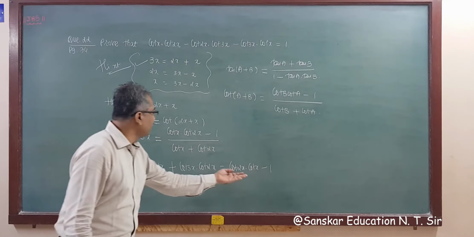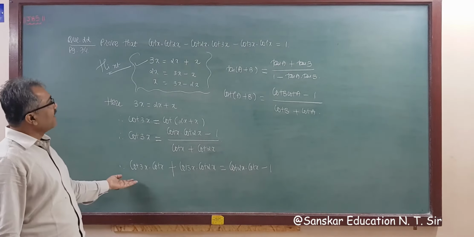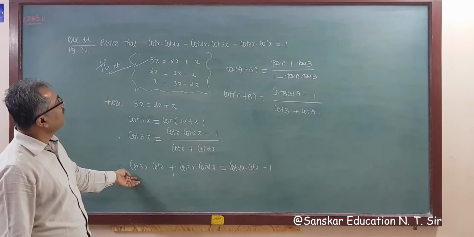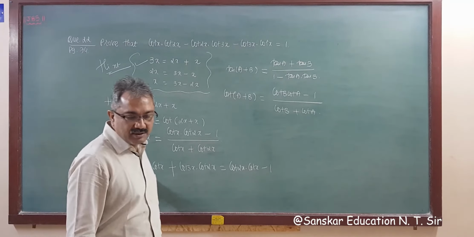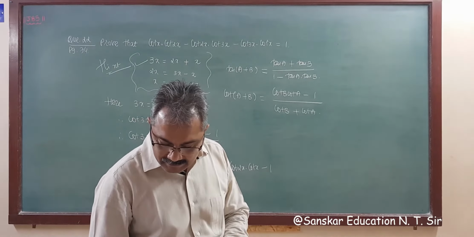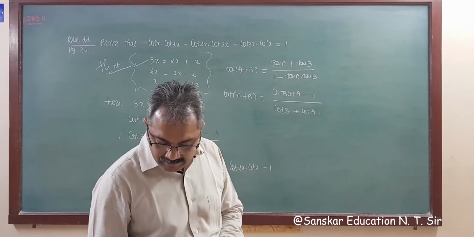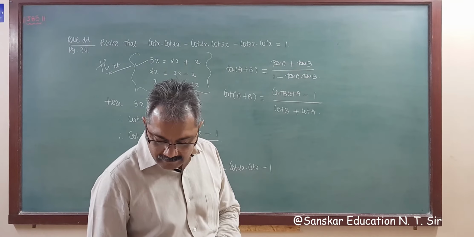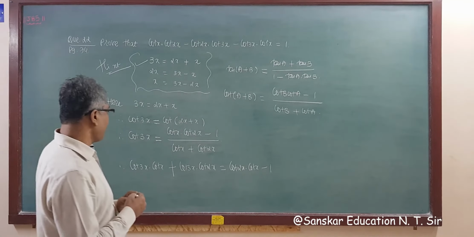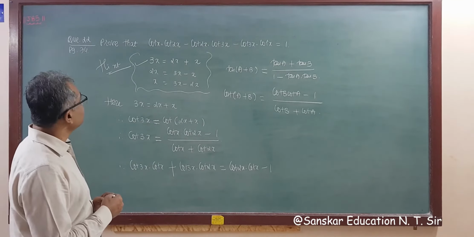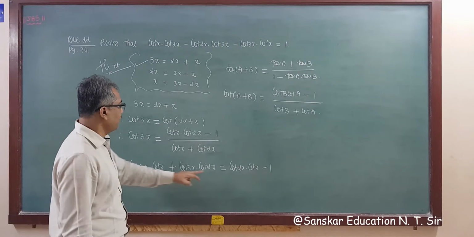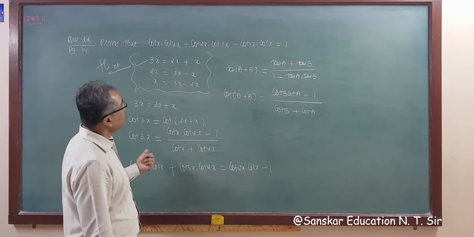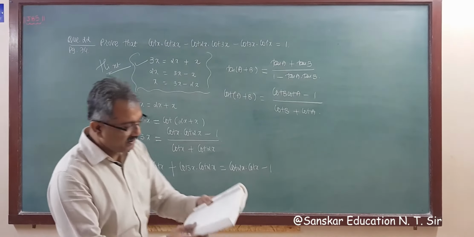Taking this term to left hand side, what we get, I'm making some mistake. So there is some mistake. We have cot 2x minus cot x. So this is minus, this is plus. So there is some mistake in question.